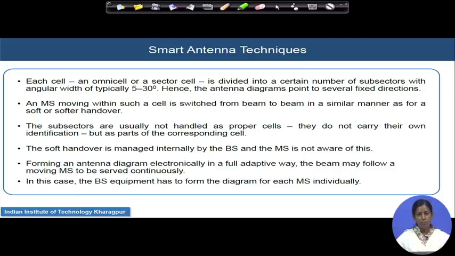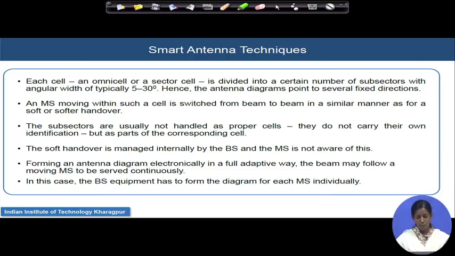In case of the receiver, in case of the uplink, the beamforming inside the receiver itself is a completely different technique. Currently, the sectorization and the sub-sectorization of a sector are completely done and processed inside the base station. The soft handover is managed internally by the base station, and the mobile station is not at all aware of this. Like that, the smart antenna techniques are also inside the base station, and the mobile station is not aware of it.